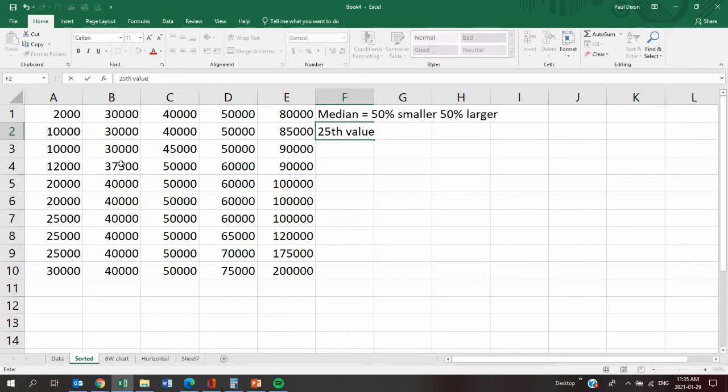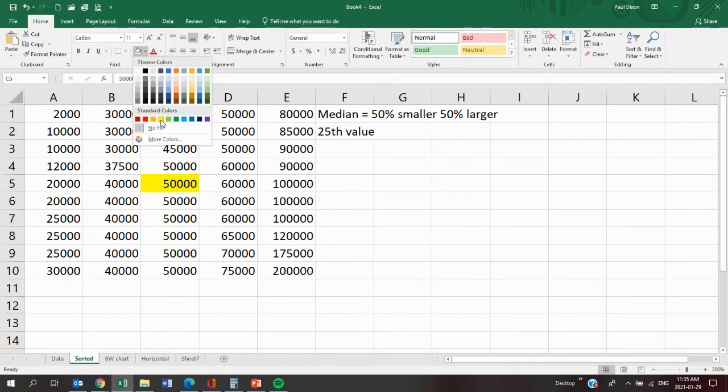Here's 10, 20, 1, 2, 3, 4, 5. There's my 25th value. Let me highlight them. But I could have counted from the other end, 10, 20, 21, 22, 23, 24, 25.